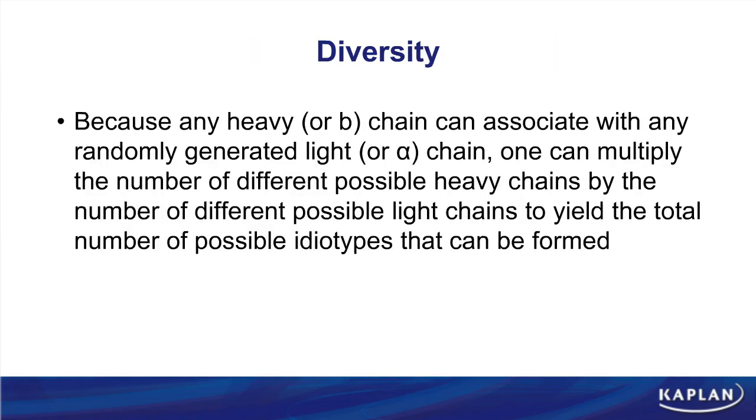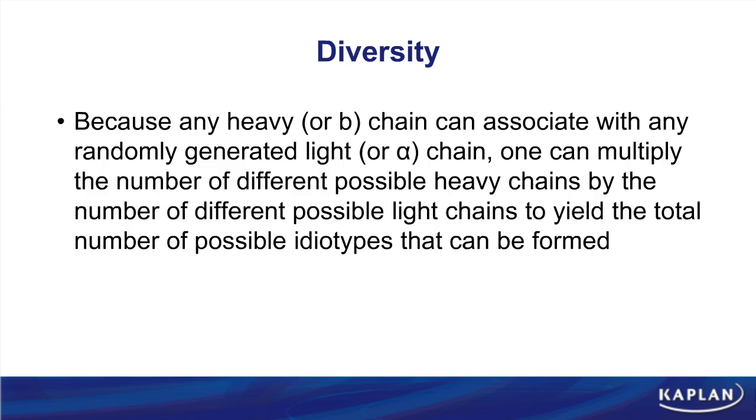We already talked about a significant level of diversity with gene rearrangements, and the fact that we can have hundreds of different V segments and several Ds and several Js that come together in different combinations to give us the variable region of the B cell or the T cell receptor.